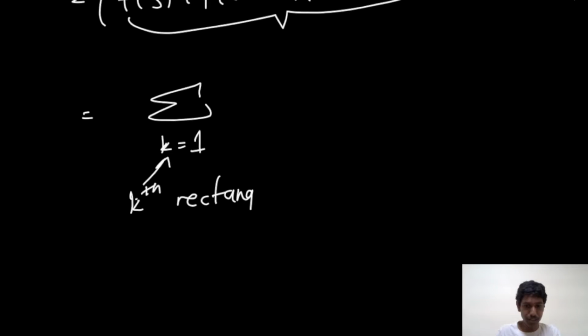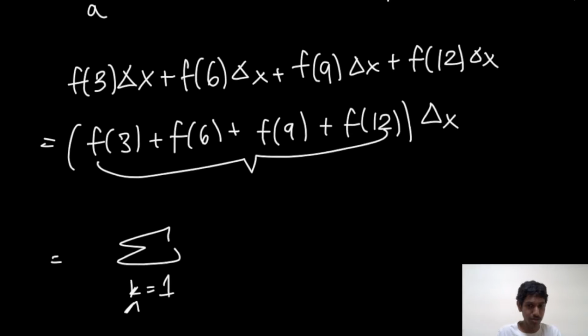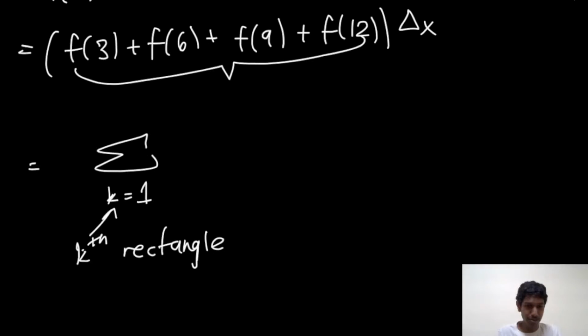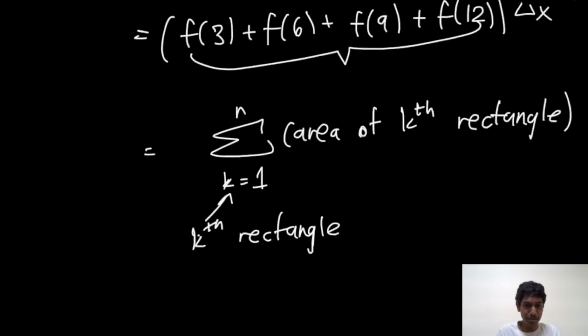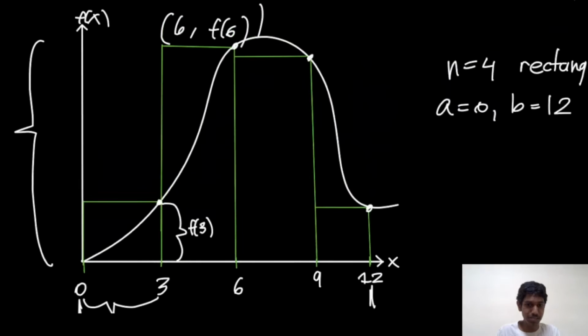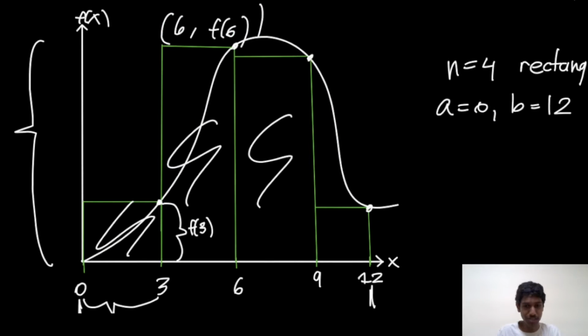If we can figure out, using something involving k, what the area of the kth rectangle is, like the first one or the second one or the third one, then we can just add them all up. And we would have to end at n, because there are n rectangles. So you have to add from k equals 1 to n the area of the kth rectangle. This is the mathematical equivalent of what I said in the beginning of the video, where we have to add all 4 of these rectangles up.